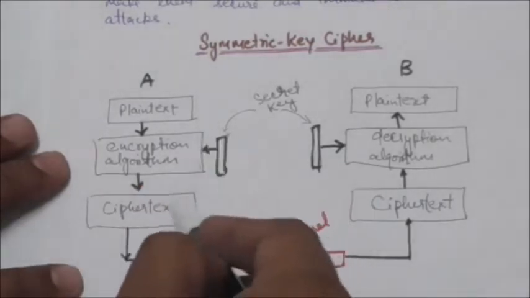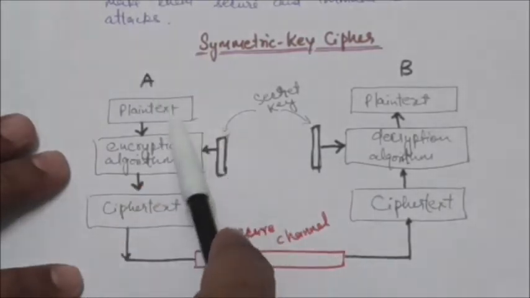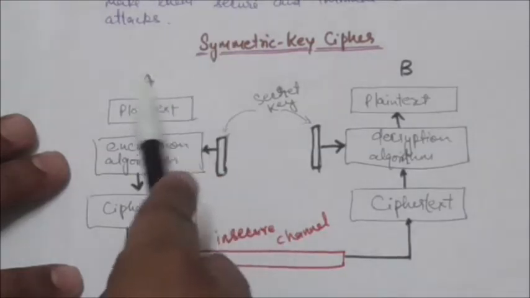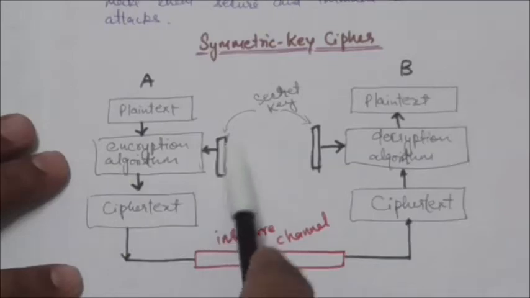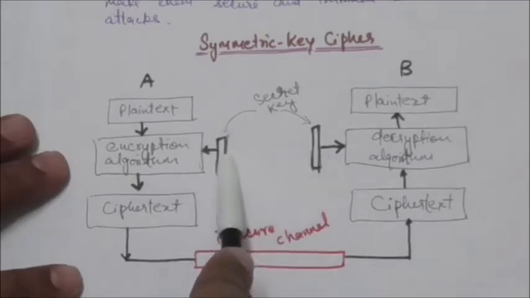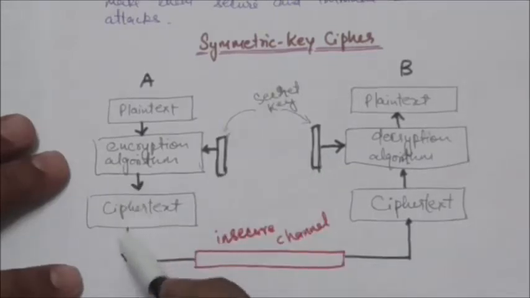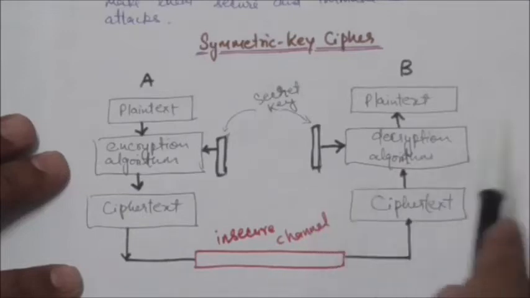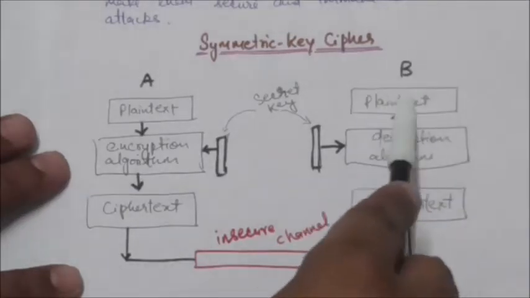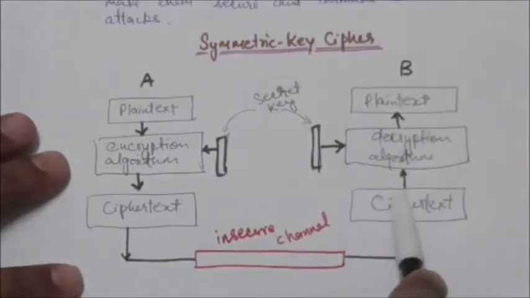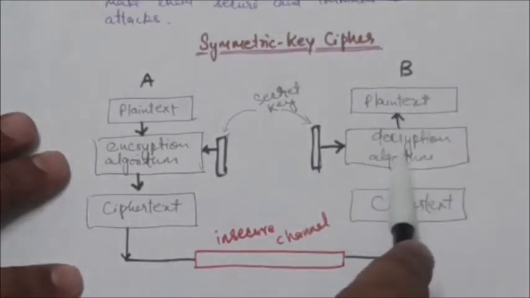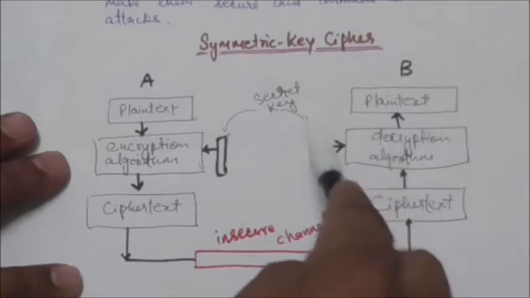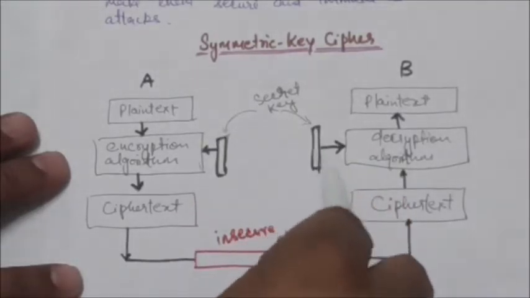To create a ciphertext from plain text, entity A will use an encryption algorithm and a shared secret key. The ciphertext is transmitted over the channel, and to create plain text from ciphertext, entity B will use a decryption algorithm and the same shared secret key.